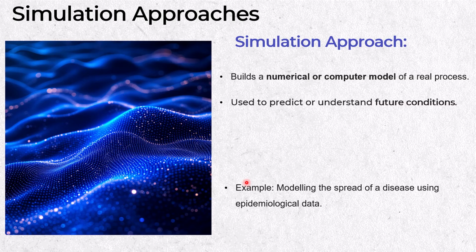In simulation, we are just working with computer, and we are working with computer models of that process. For example, we can model the spread of a disease using epidemiological data, or sometimes we can use mathematical models or mathematical equations to do that.